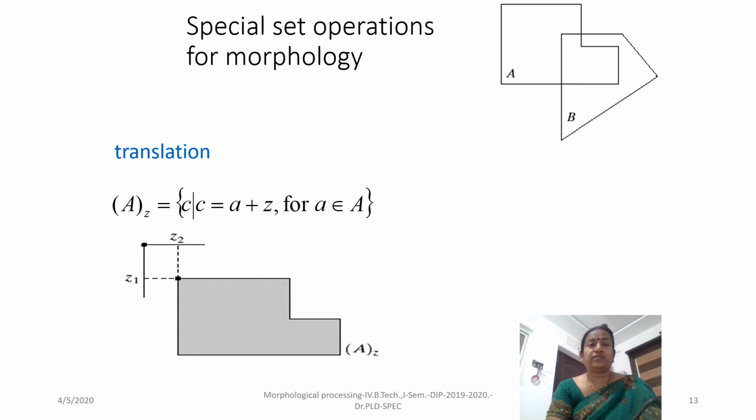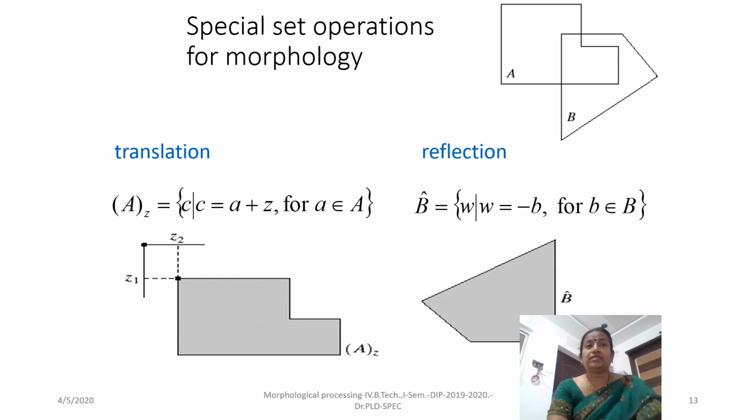A subscript z is equal to the set of c such that c equals a plus z for a belonging to A. This was already discussed in the last slides, how we consider the translation of A by z. This is a reflection.